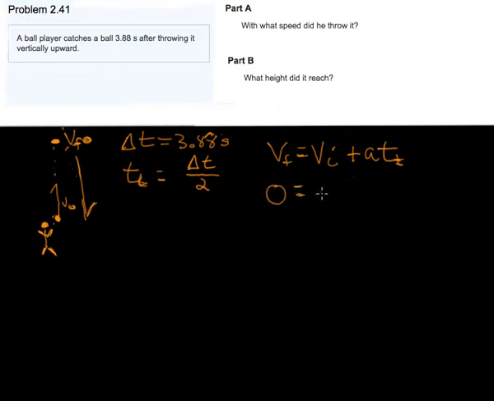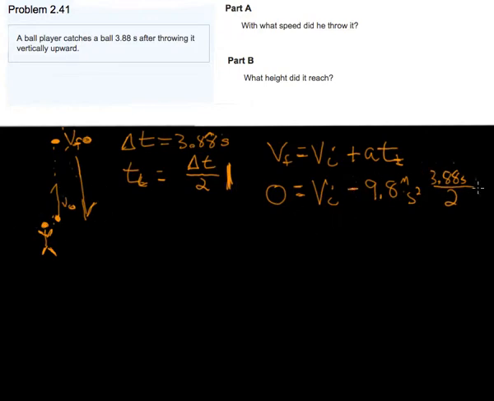So initial velocity is what we're looking for. And our A is our lovely 9.8 meters per second squared. And our T is this 3.88 seconds, but divided by 2 again, right? Divided by 2 because we're looking for half of the journey.